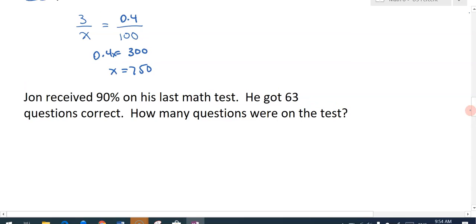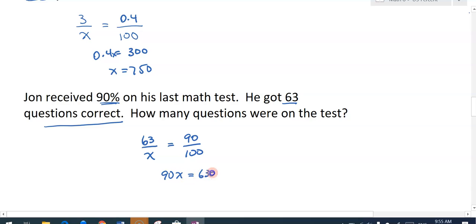John received 90% on his last math test. He got 63 questions correct. Okay? So the 63 questions correct reflect the 90%. We don't know how many questions were on the test, so we could set that up. 63 out of something equals 90 out of 100. Right? Because we know the percent, we just don't know how many questions were on the test, right? And so again, whichever method you choose, you can.